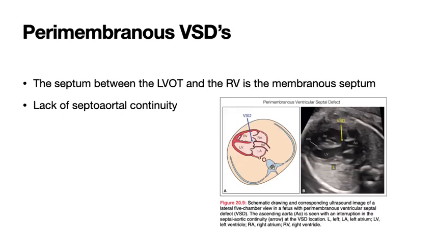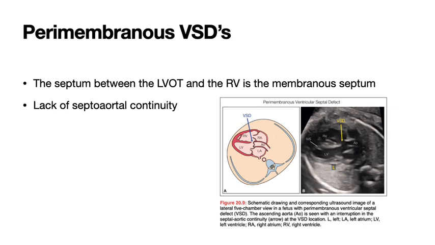All right. Well, the perimembranous VSD is basically a defect in the perimembranous or membranous septum. And we said that's the thing that's between the LVOT and the right ventricle on the other side. So, the place you're going to find a perimembranous VSD is in the LVOT.